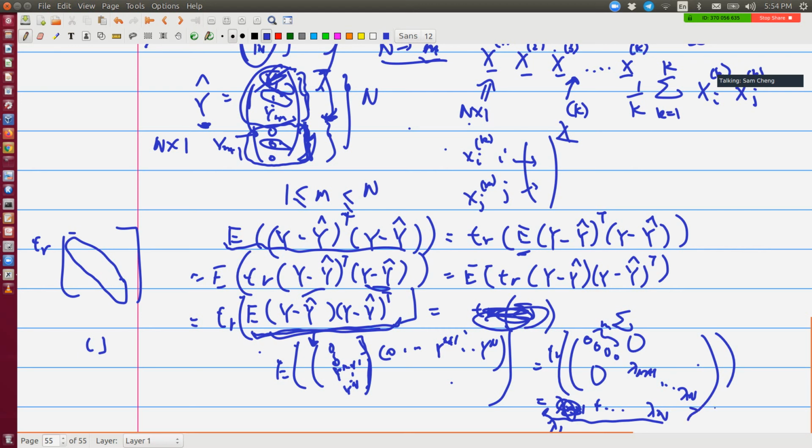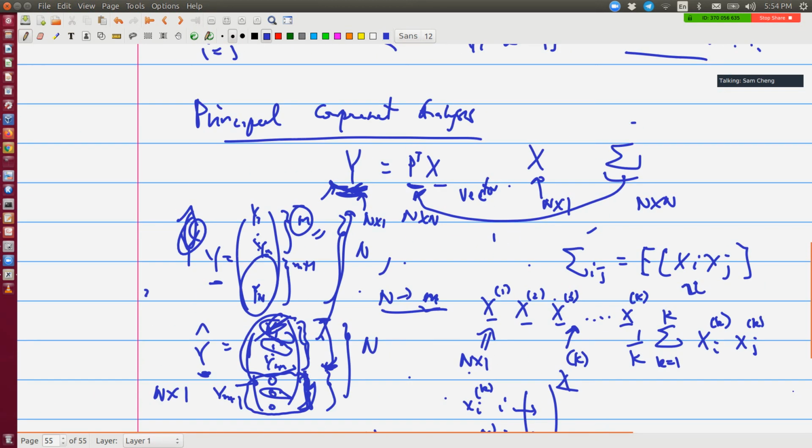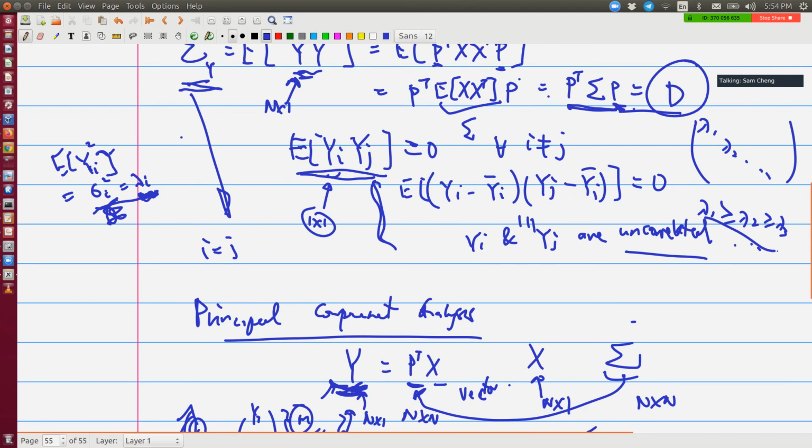Of course, this will be bigger than or equal to lambda m plus 1 plus up to lambda n. Here we assume that the lambdas are already sorted.